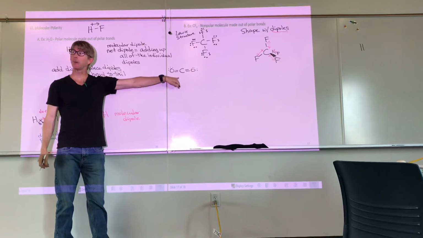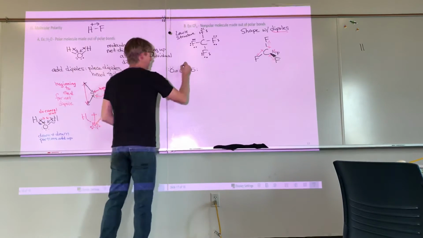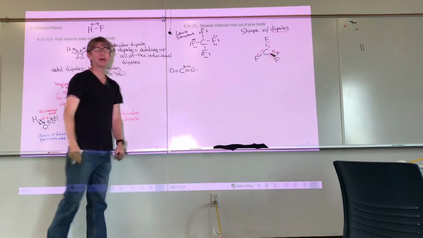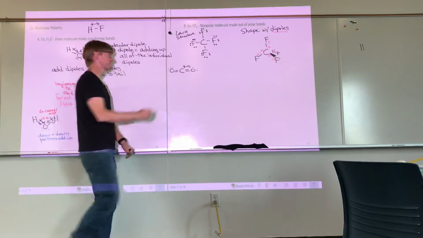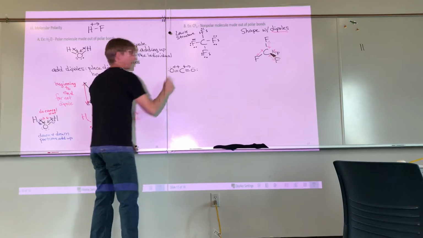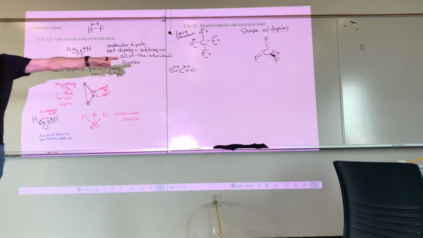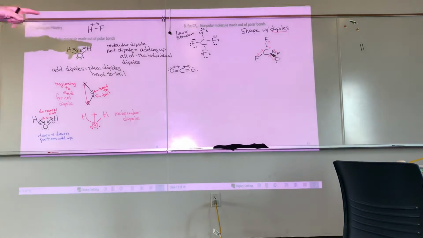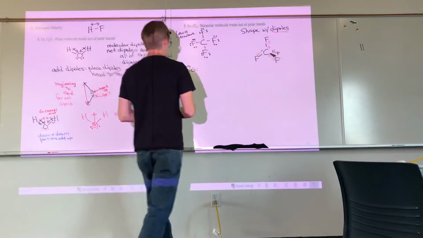Each of these double bonds has a dipole. Oxygen is more electronegative. Those are in exactly opposite directions. That's easy to see that they cancel. That's what I'm trying to suggest anyway. Maybe you believe me. All right.